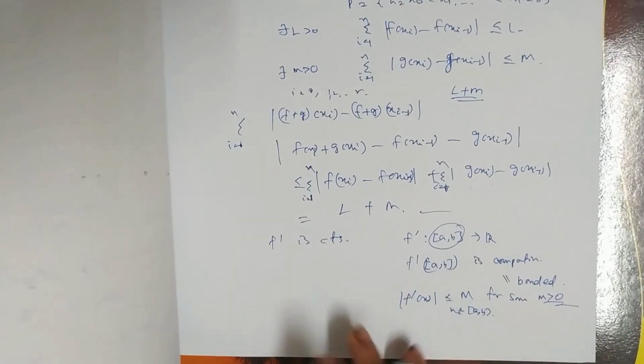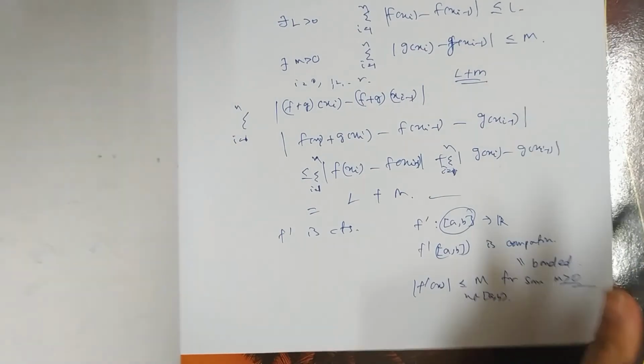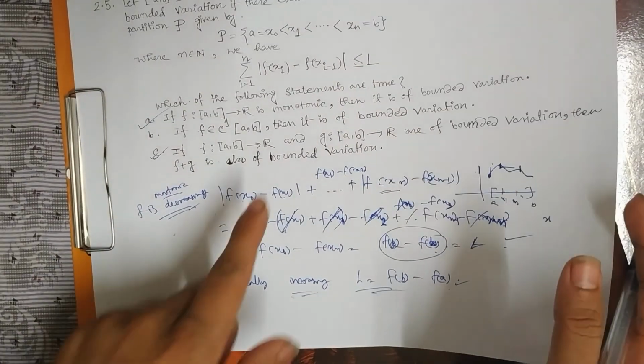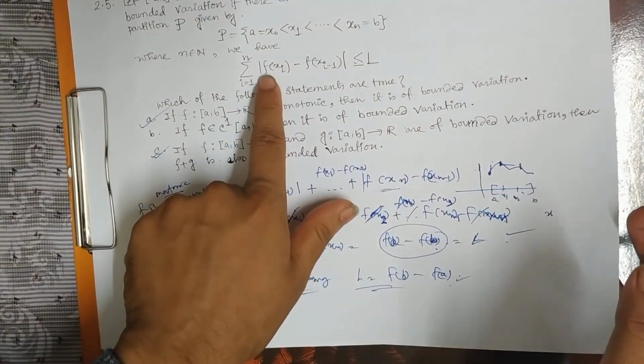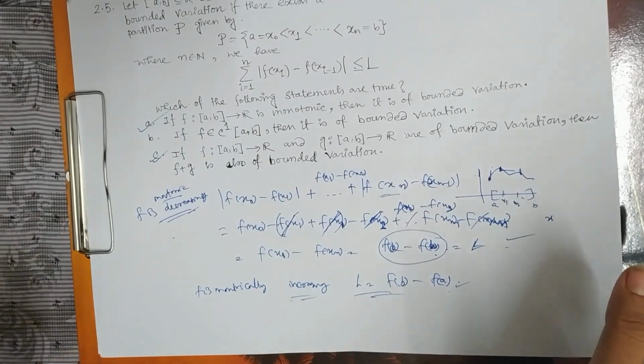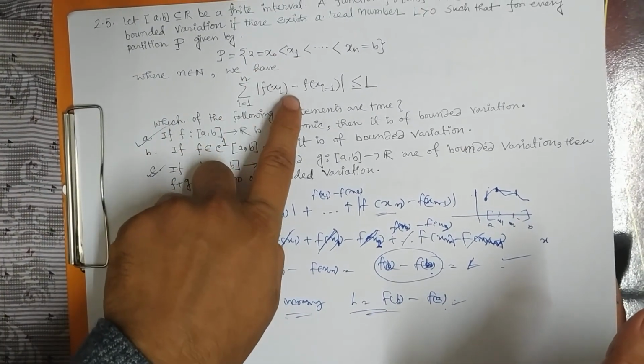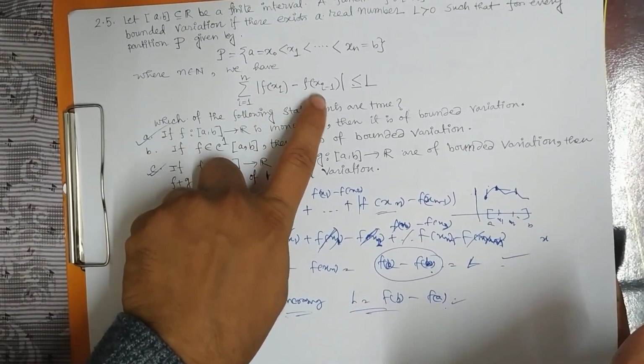Up to this is clear. Then what we do is apply our usual mean value theorem on the intervals xi minus 1 to xi.